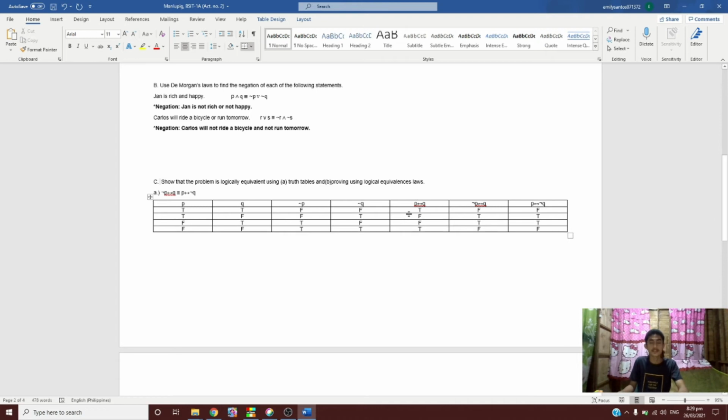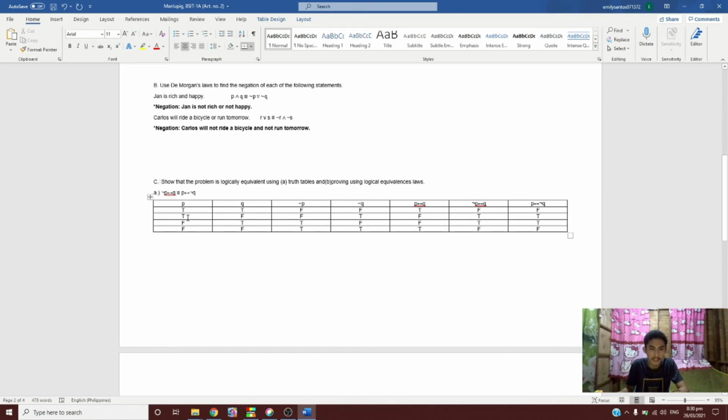If you translate it into an English sentence, it is the connector phrase "if and only if." So P biconditional Q: if both of these are true, then it is true.